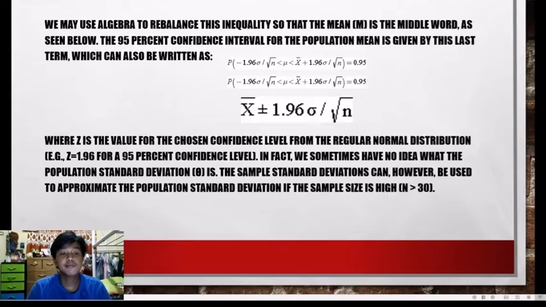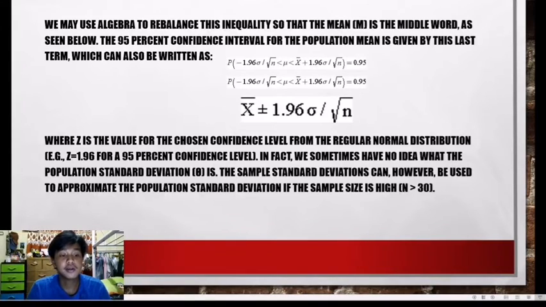We may use algebra to rebalance the inequality so that the mean is the middle term, as seen below. The 95% confidence interval for the population mean is given by this last term, which can also be written as this formula, where Z is the value for the chosen confidence level from the standard normal distribution.